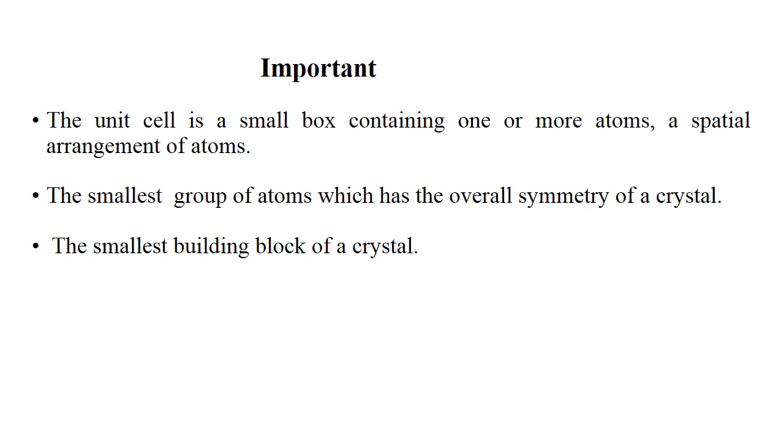The unit cell is actually a small box containing one or more atoms, a special arrangement of atoms, the smallest group of atoms which has the overall symmetry of a crystal.